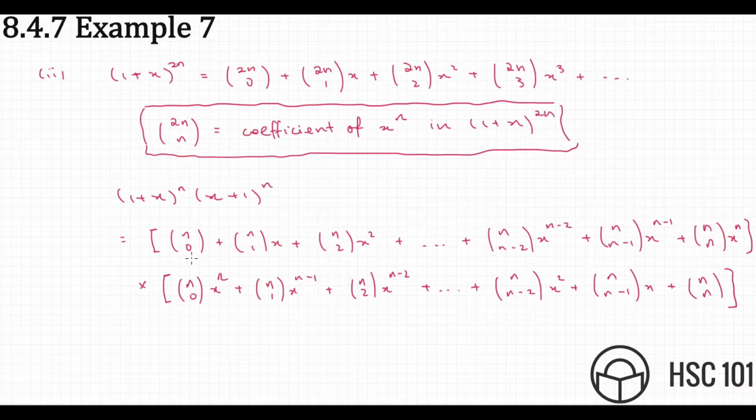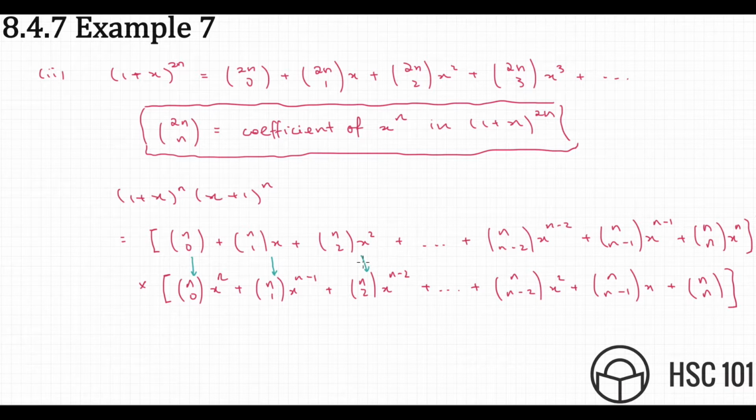Well, I can take the constant in the first bracket and multiply it with the x^n in the second bracket. That gives me an x^n. I can take the x term in the first bracket and multiply it with x^(n-1) in the second bracket. That gives me an x^n. I can do so with x² times x^(n-2).